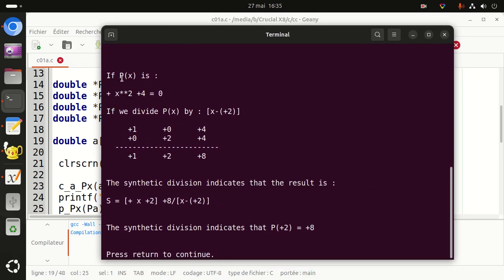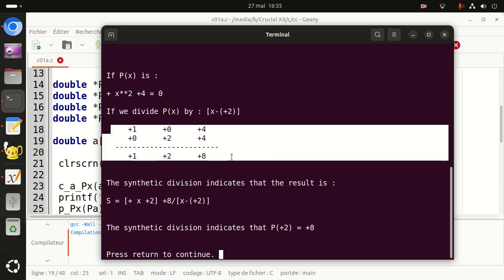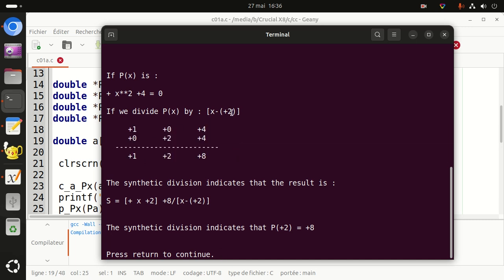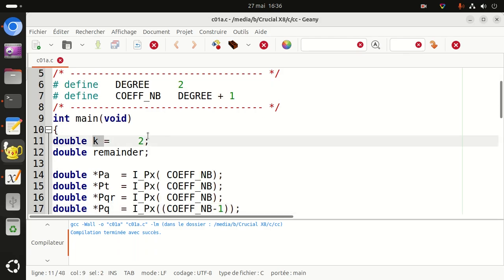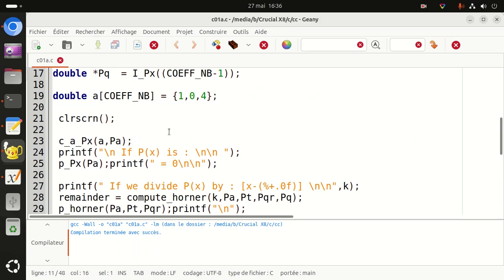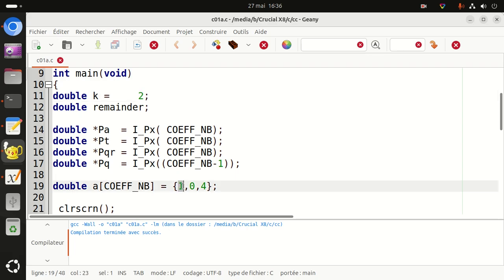Now I must write the algorithm of the synthetic division. I have chosen k equal 2. I have chosen the coefficient 1 for x squared, 0 for x, and 4 for the constant value.